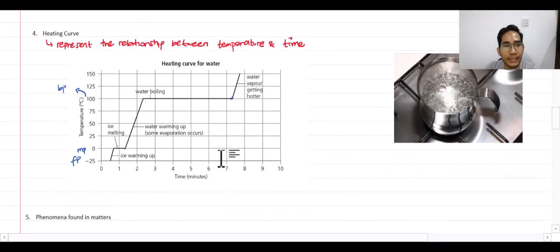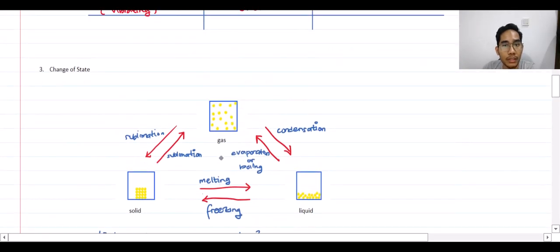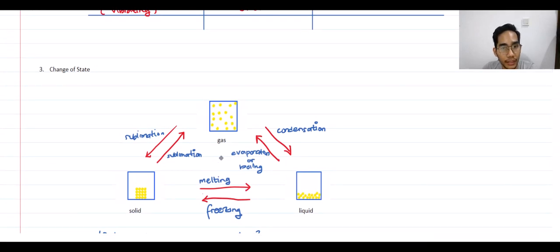So what happens here at the melting point is that all the energy that we give to the ice will be used only for the change of state, not to increase the temperature. All right? It also applies to the horizontal line at the boiling point. When boiling happens, the particles of liquid turn into the particles of gas.